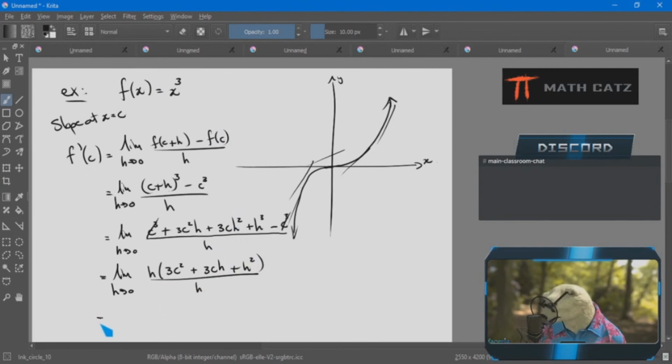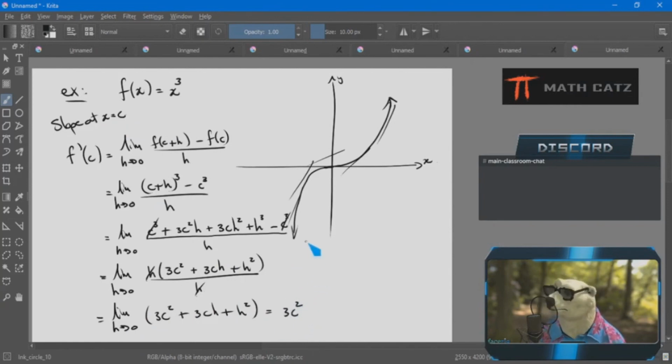It's going to happen. Then I can cancel out the h's. And what I have left is, remember, h is my variable. The c is a number. I just don't want to specify it right now. So this is a polynomial in h, which means I can plug in 0 for h, and I get 3c squared.